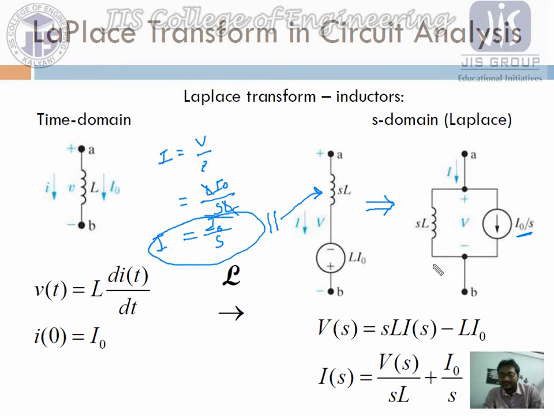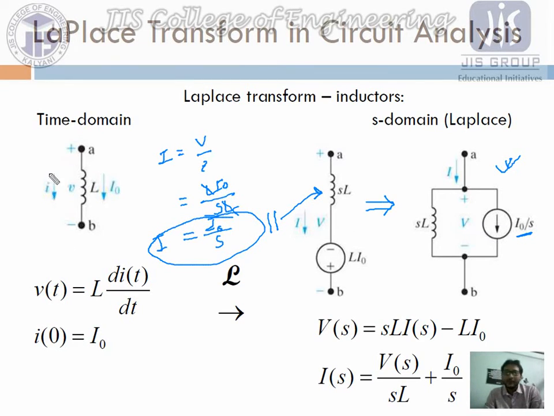And the same current I is flowing over here. So this circuit and this circuit both are the same. Now the choice is yours. You can apply this circuit or this circuit.